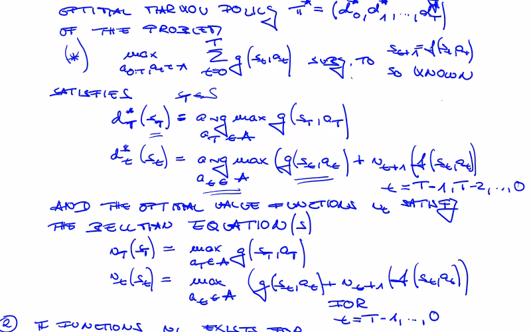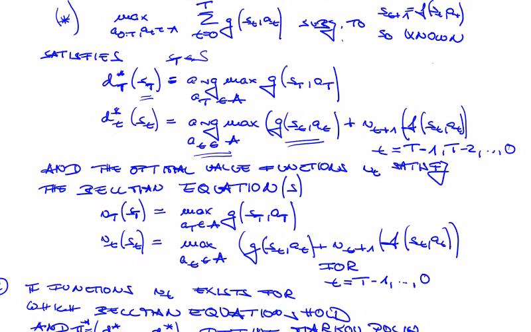Roughly the same. The difference that comes in is that you get an expectation operator, because things will become probabilistic here. So the transition gets probabilistic, and you have to compute the expected value of the optimal value function.